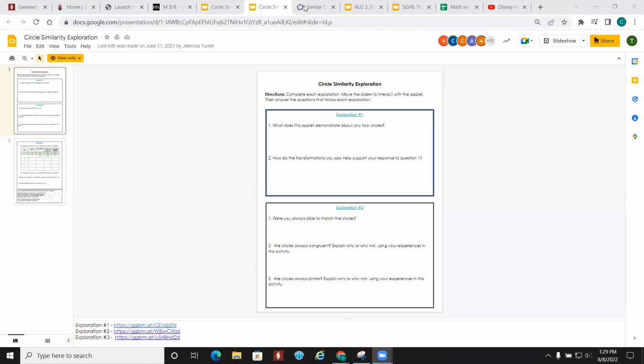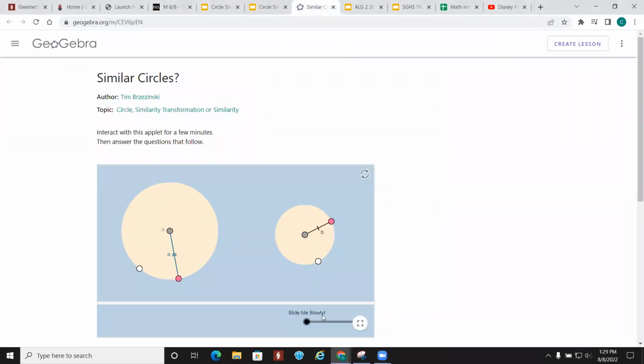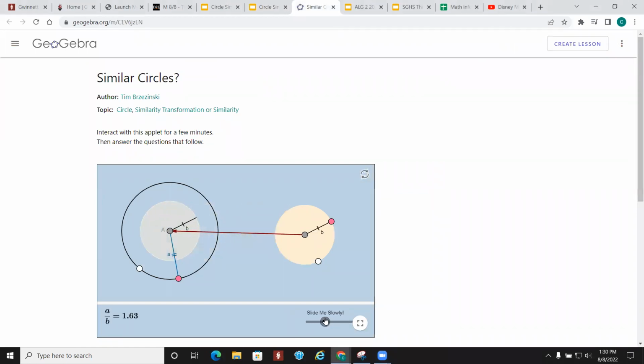Okay, let's take a look at it together. When you toggle this, it moves to the left and then it increases in size. Let's use some math terms to describe what's going on. When it moves to the left, what's a math term for that? Translation. Yes, y'all learned something last year.